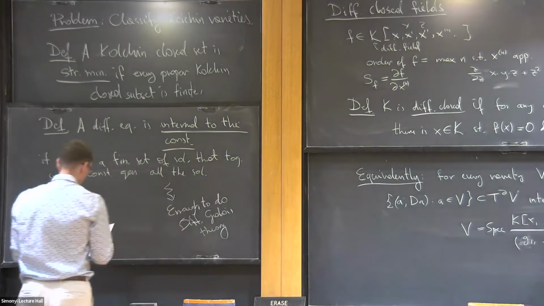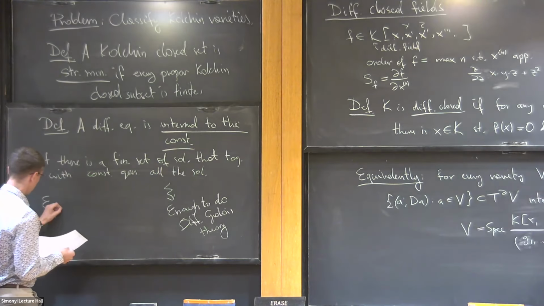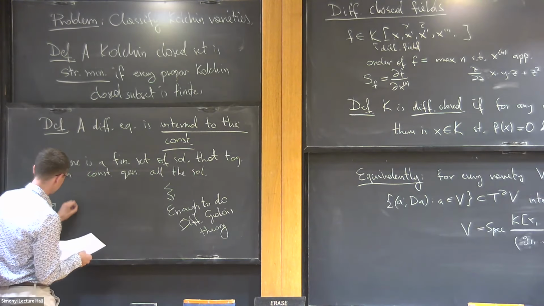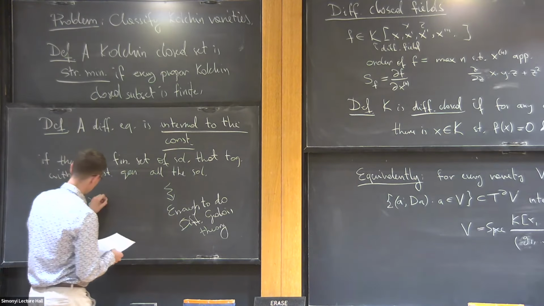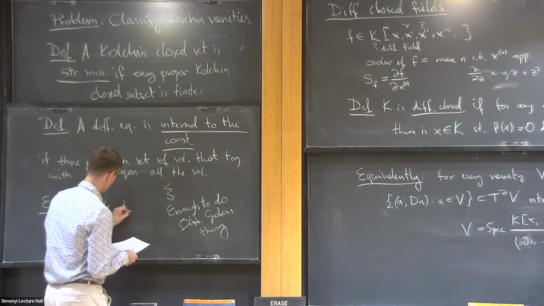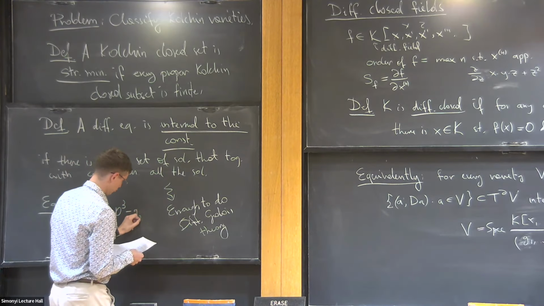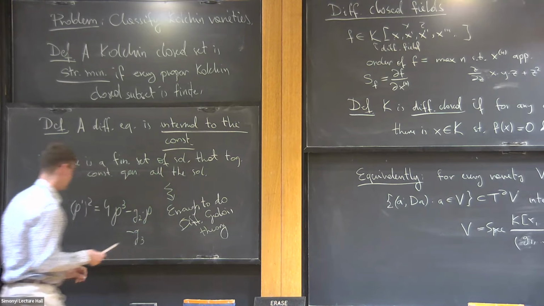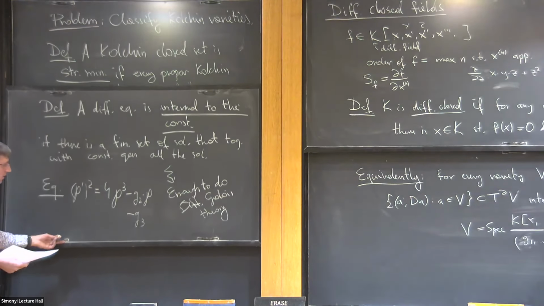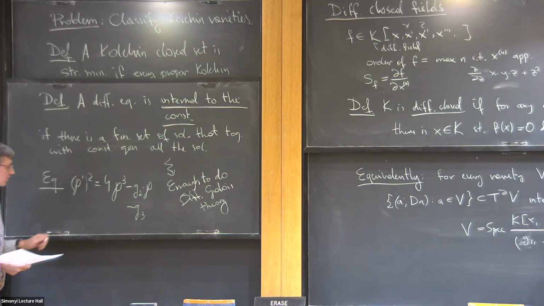So in fact, for example, if one looks at the Weierstrass P function equation, then this equation, if g2 and g3 are constants, will be internal to the constants.